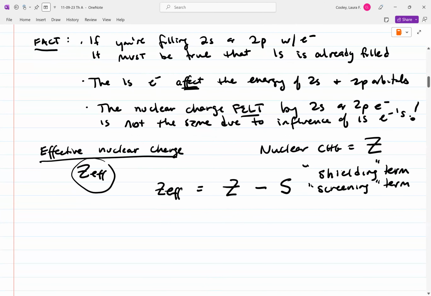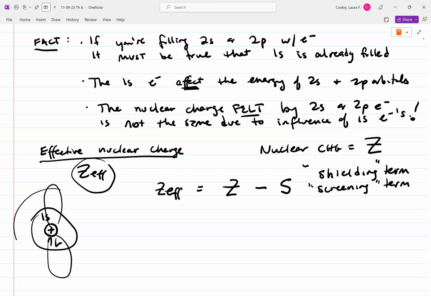Well, imagine you have a nucleus with a plus charge, and some electrons in a 1s orbital, filled with 2 electrons, and now you come in and want to put electrons in either a 2p or a 2s orbital. The presence of the electrons in the 1s is going to partially cancel, or partially screen out, some of the nuclear charge. So this is a partial cancellation by other electrons.